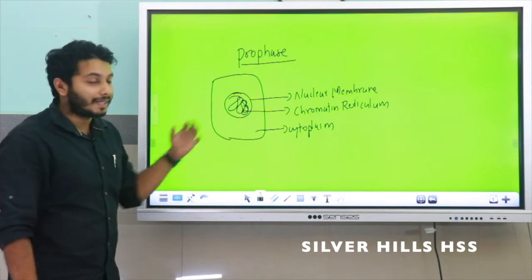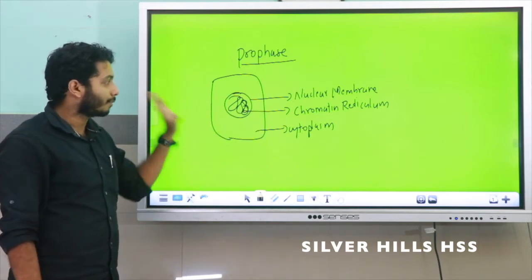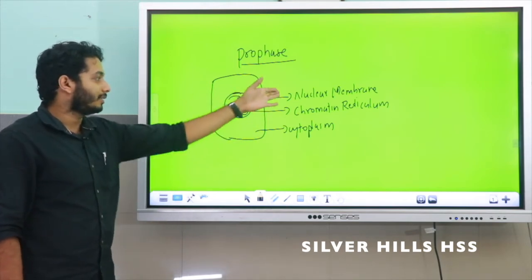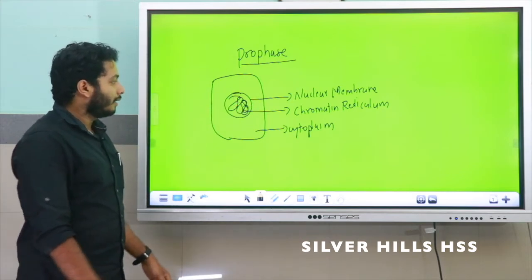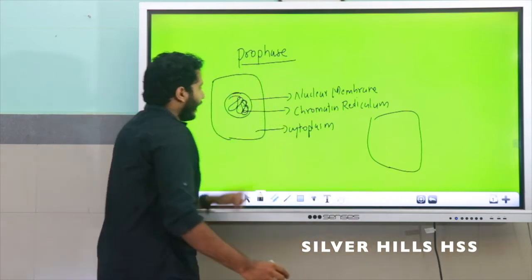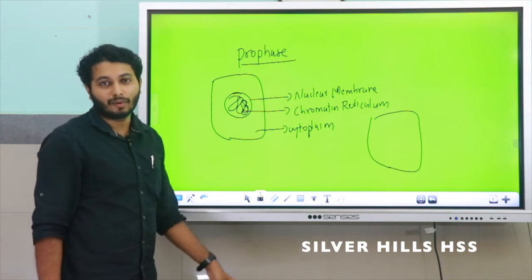Let us discuss the changes taking place during prophase. The first change is that the nuclear membrane disappears. In this diagram you can see the nuclear membrane. This nuclear membrane disappears during prophase. So, this will be the condition of the cell, and this chromatin reticulum condenses to form chromosomes.